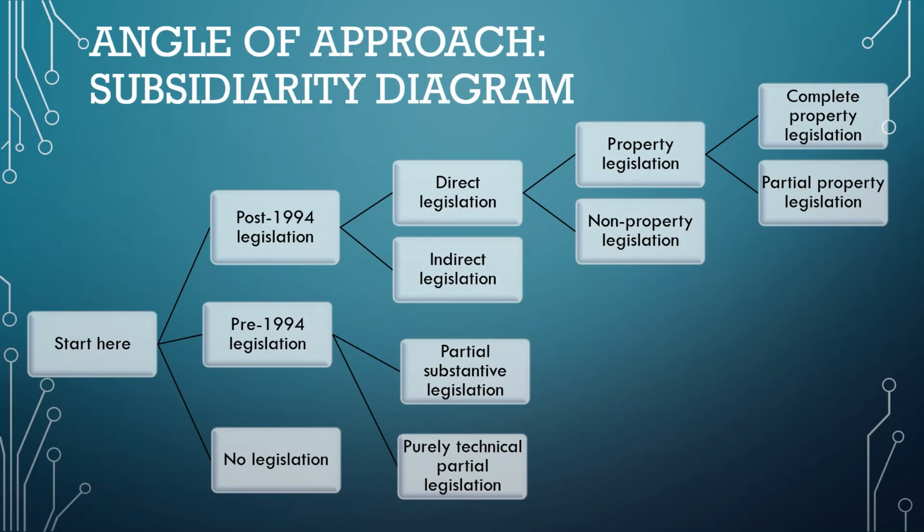Examples of this type of legislation, non-property legislation, are PEPUDA, PAJA, and PAIA: the Promotion of Administrative Justice Act, the Promotion of Access to Information Act, and PEPUDA, the equality legislation. So once you have established that this is the type of legislation you are dealing with, in other words, non-property legislation, then you must also consider the subsidiarity principles.